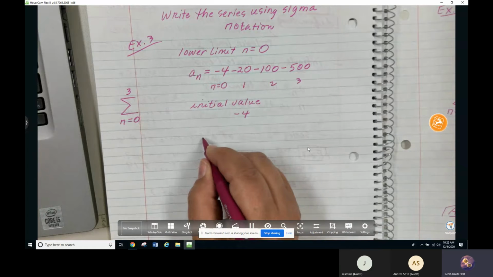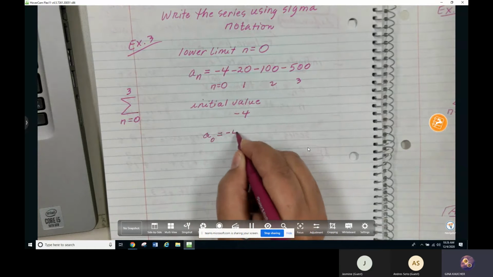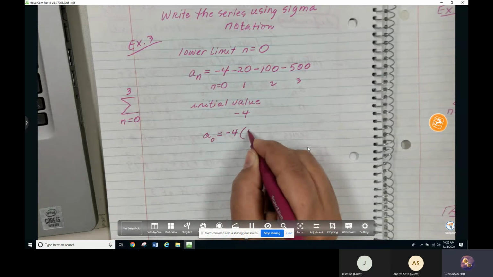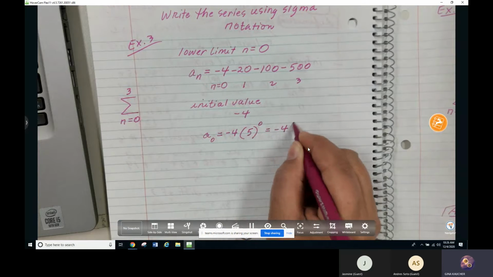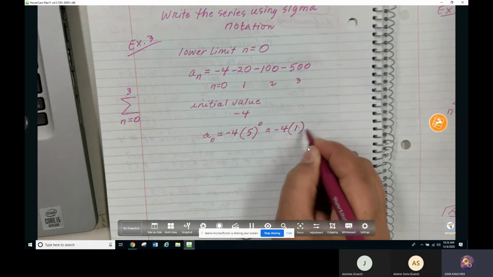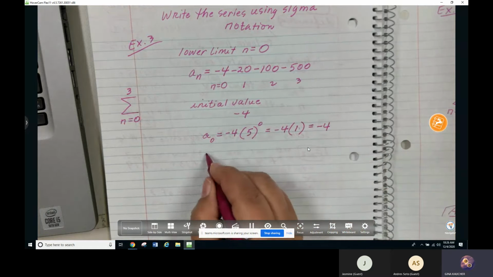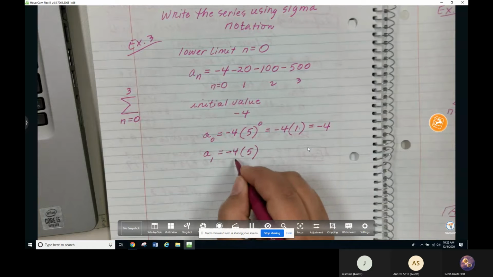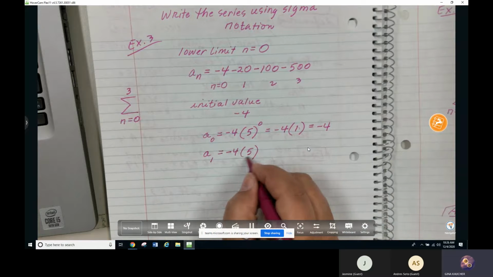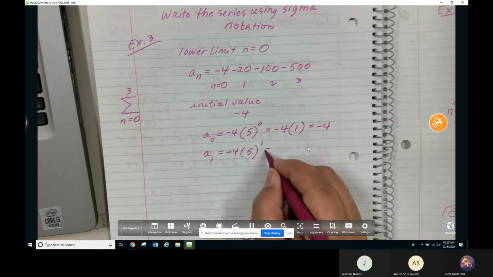You have a sub 0 equals your initial value times 5 to the 0 power would be -4. Anything to the 0 power is 1. So that does equal -4. So let's see if that works for n equals 1. And -4, the initial value, and your base is 5 raised to the power of n, so that's 1.